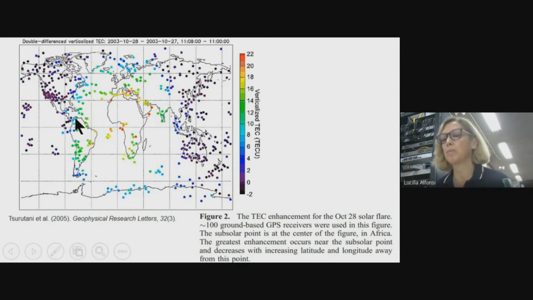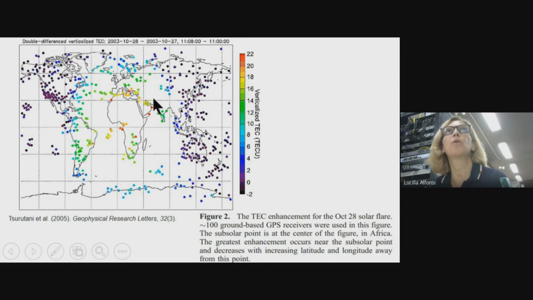This is a paper by Tsurutani and colleagues that lets us see the reaction of the ionosphere, in particular of the TEC, as you can see from the color bar here, to the occurrence of a flare at the subsolar point.